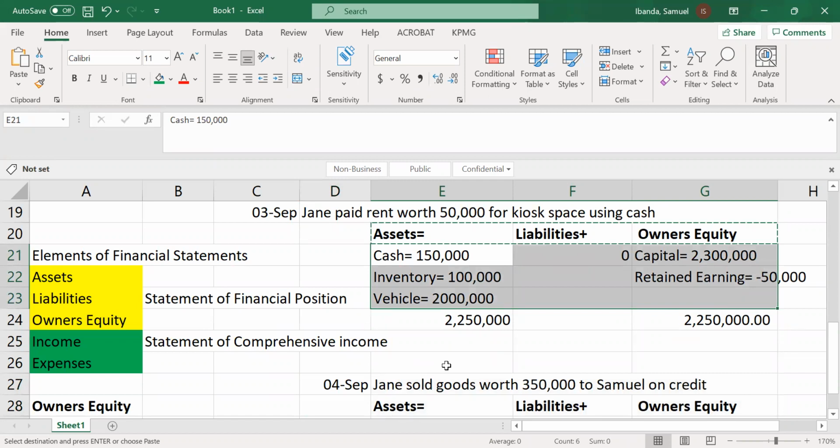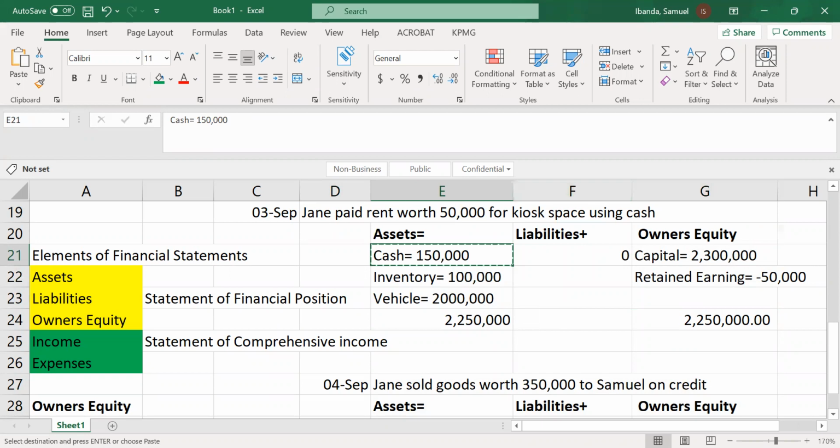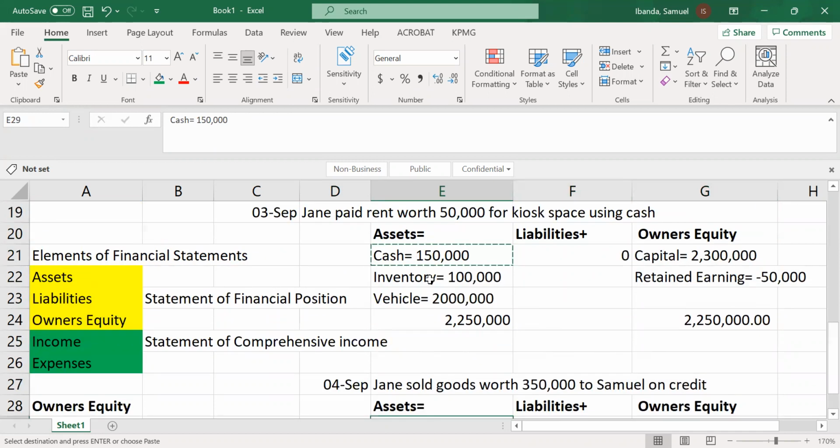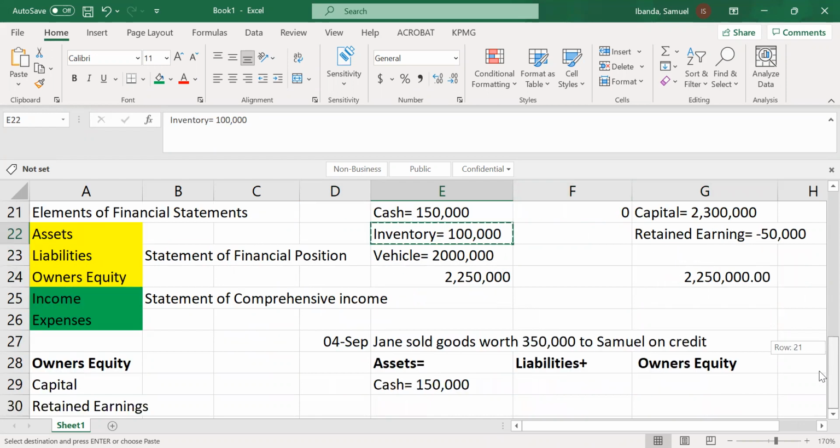So the first thing is, I'll look at and say, is my cash affected? I'll say no. Why? Because we've sold goods on credit, so there is no cash payment. My inventory, is it affected? In this case, we'll assume that our inventory has remained the same, okay? If they had told us about inventory, then we'd be able to go ahead to adjust that.